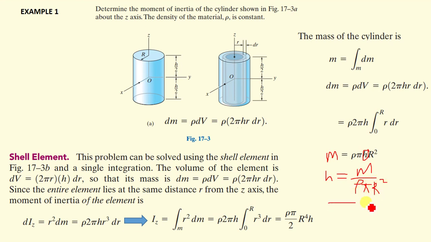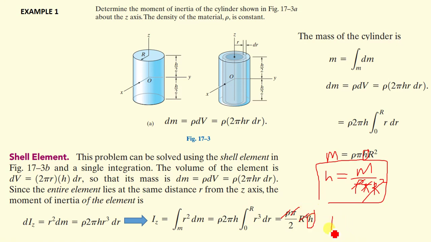So this expression, you take it and replace it where there's h. When you replace it, you can see that rho will cancel with that rho, this pi will cancel with that pi, and this r squared will cancel with at least one r squared there, remaining with r squared there.